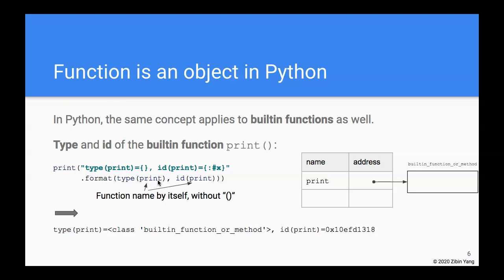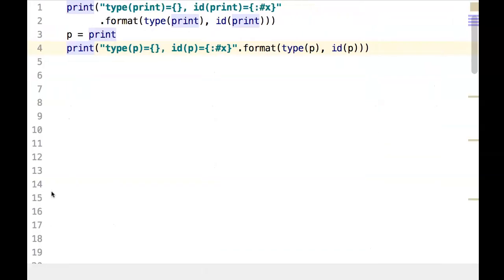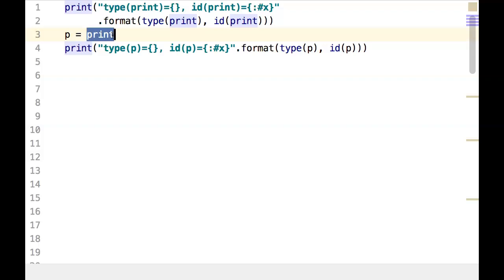All right, so what this means is that we can actually give this function object a different name by assigning the current name to a new name. So for example, I already typed it out here. I'm assigning the function print to the name p.